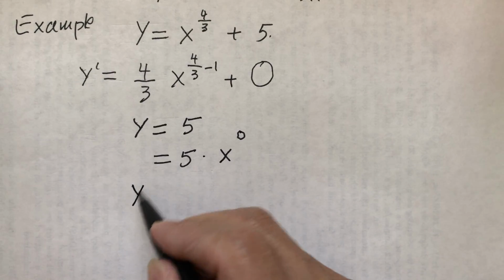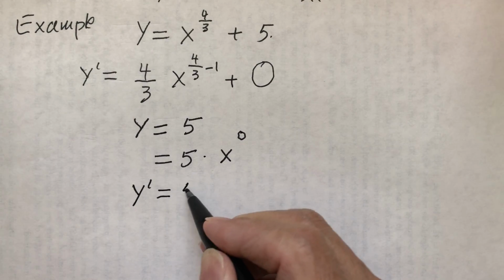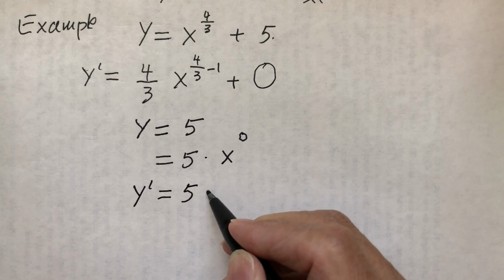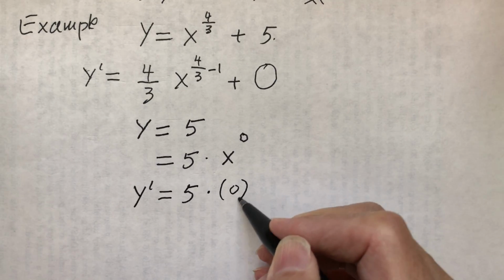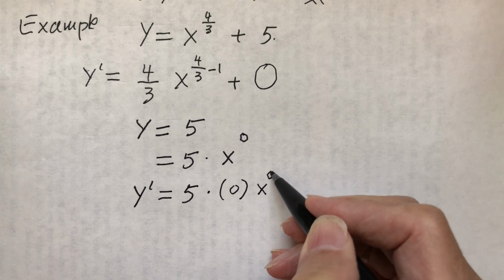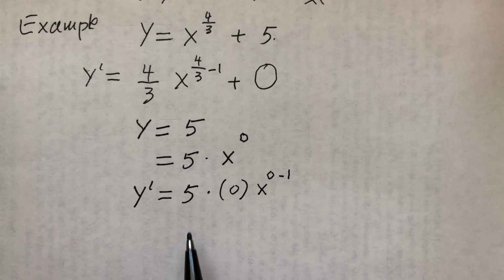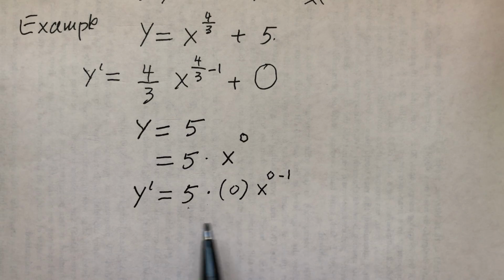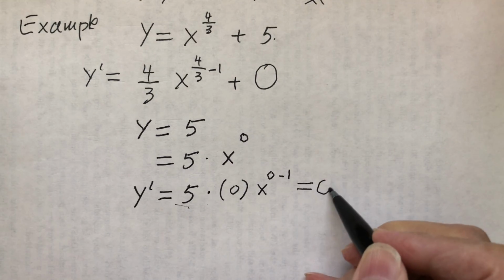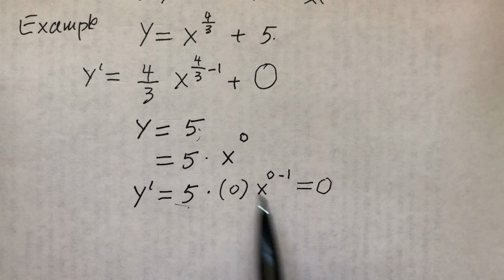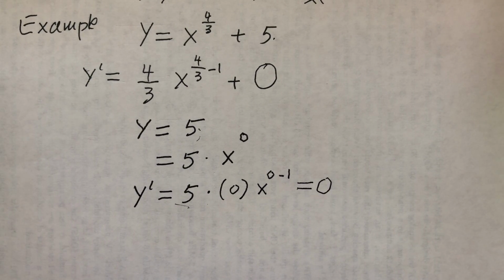Then once I have that, I have the derivative. Using the constant multiple rule, move the 0 here, and x to the power 0 minus 1. But you see, 5 times 0 is just 0. The whole thing is 0. Therefore, the derivative of a constant is 0.